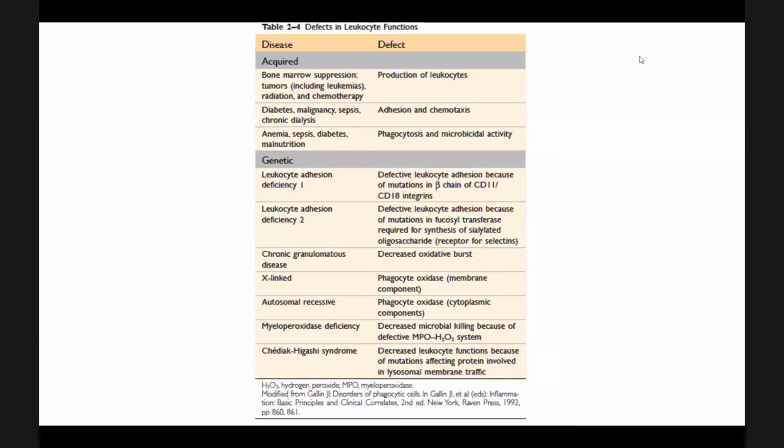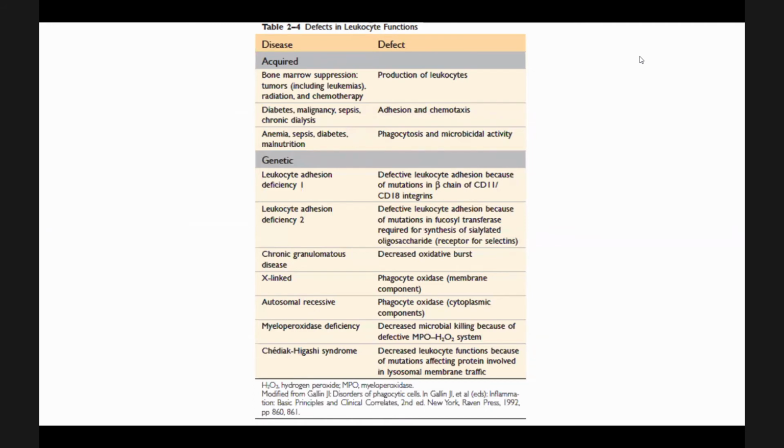Okay. Some genetic conditions like leukocyte adhesion deficiency 1: the problem will be defective leukocyte adhesion because of mutation in the chain of CD11 and CD18 integrins. In leukocyte adhesion deficiency 2, there will be defective leukocyte adhesion because of mutations in fucosyl transferase that is required for synthesis of various oligosaccharides.